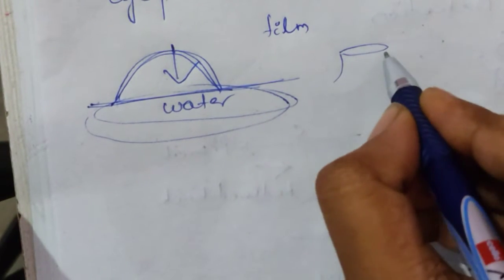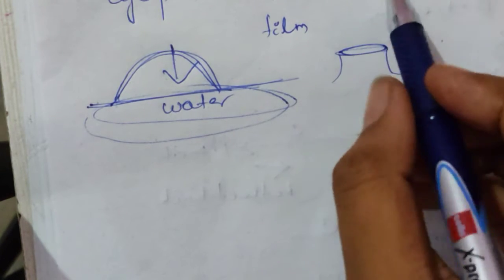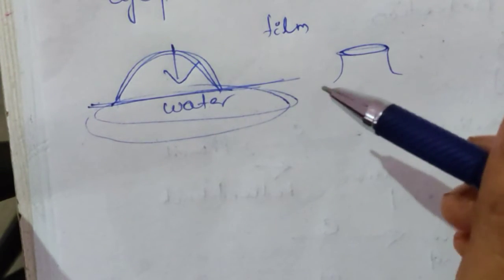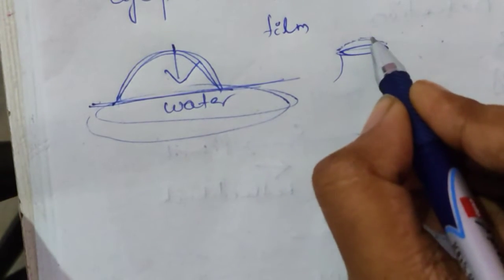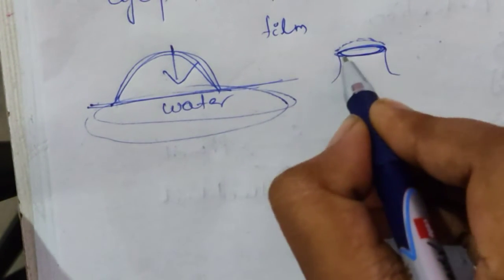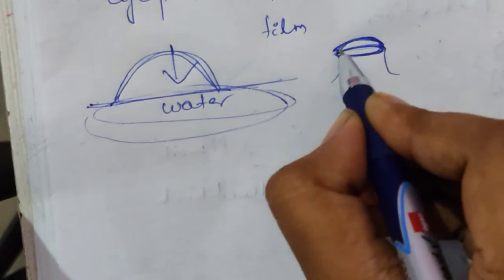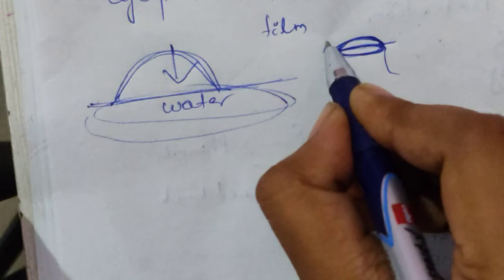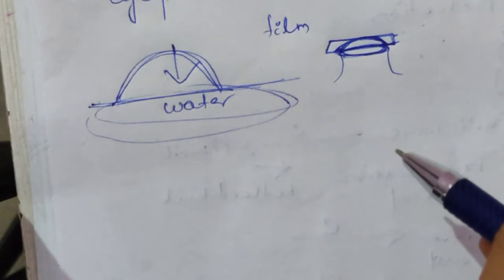Suppose this is the opening of the bottle. Water can fill up to this, but if the water is poured in very slowly, then you can get a layer above it. The water level can rise up to this level also, even though this is the opening of the bottle. Now this structure that you are observing is known as a thin film.